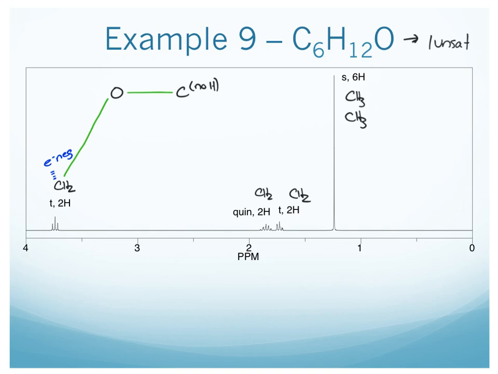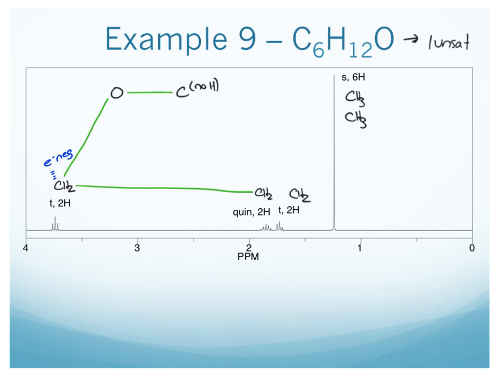Okay, the next thing I see is, depending on which direction you want to work, this CH2 is a nice triplet. That means it's connected to something with 2 hydrogen. So triplet is 3, take 1 away from that is 2. Well, that means it's probably connected to one of these CH2s.